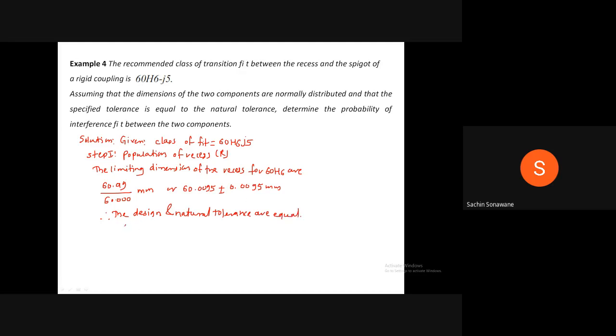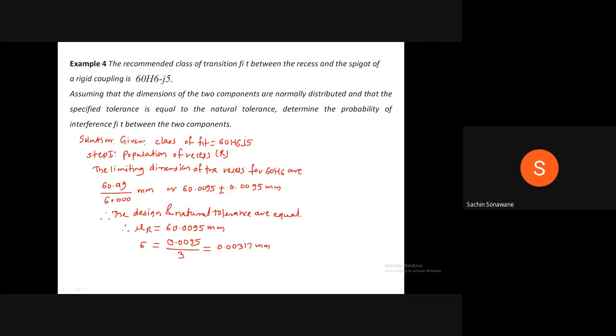Therefore, mu r, mean for races or hole, is equal to 60.0095 mm and standard deviation sigma is equal to 0.0095 divided by 3, which is equal to 0.00317 mm.